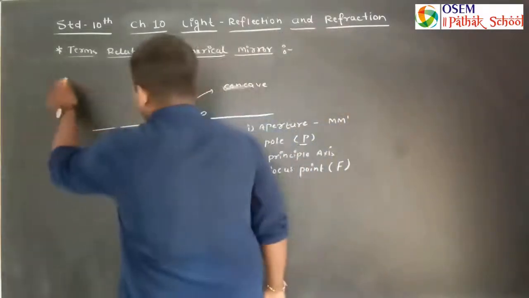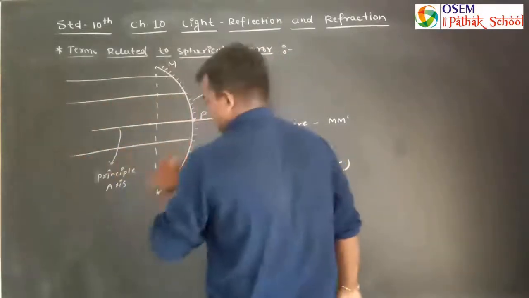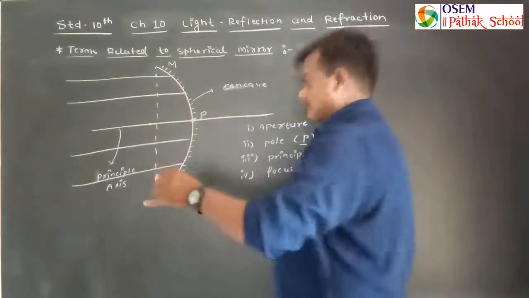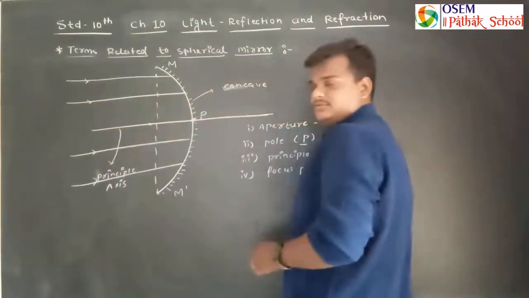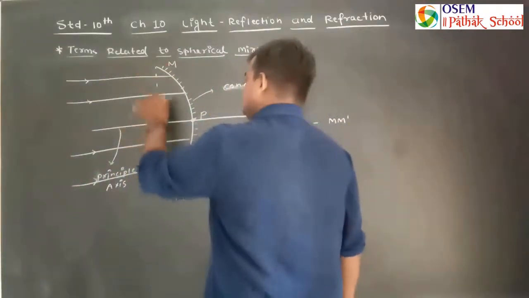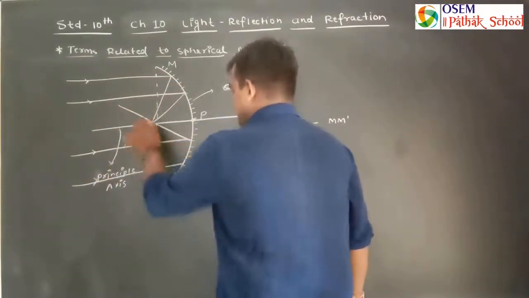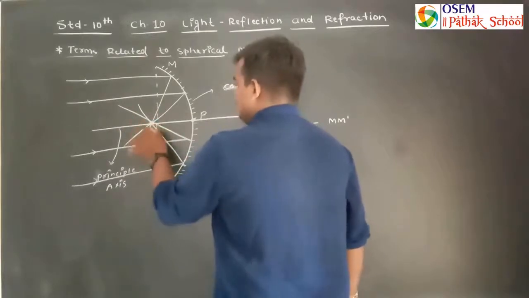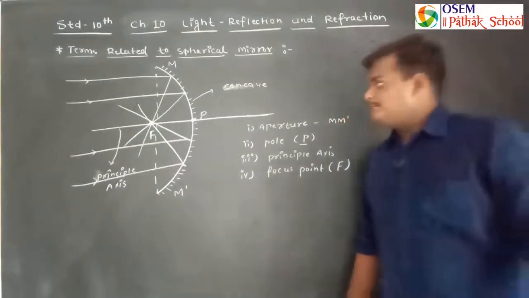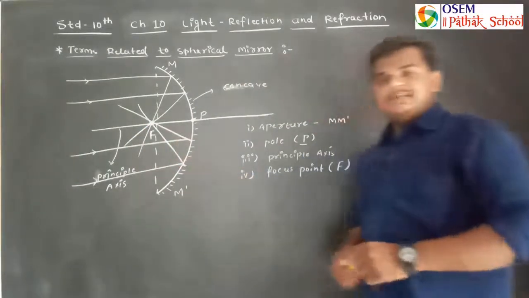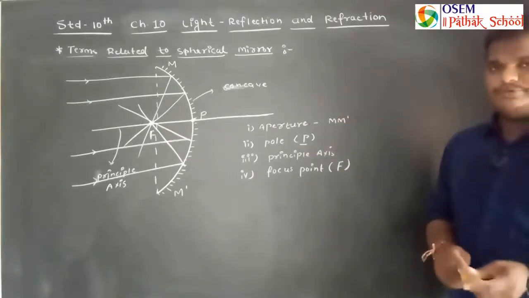Suppose these are rays coming from infinite distance. When these rays get reflected, all the rays meet at a point, and this point is known as the principal focus of the mirror. It is denoted by capital F. This is our principal focus, or we can also say focus point.